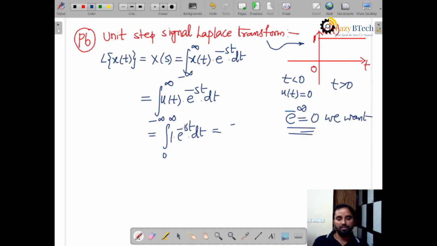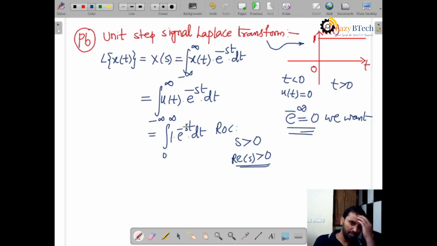That depends upon s. What should the s value be, positive or negative? That thinking, s greater than 0 or s less than 0, is called ROC. So here ROC is s greater than 0. S means here the real part of s is greater than 0. This is the ROC. Right or not?